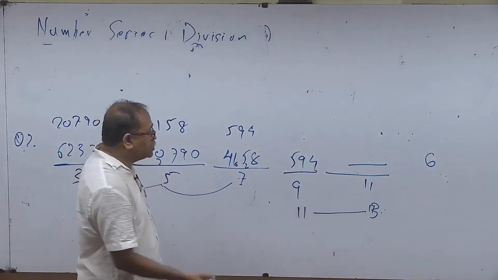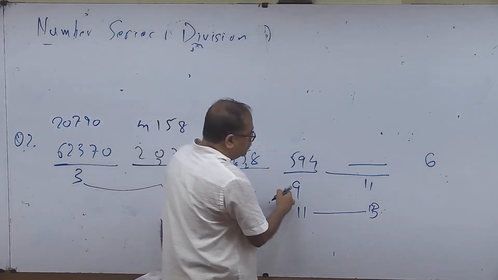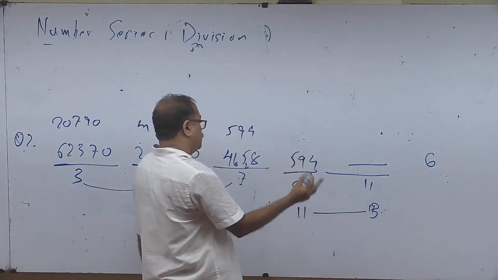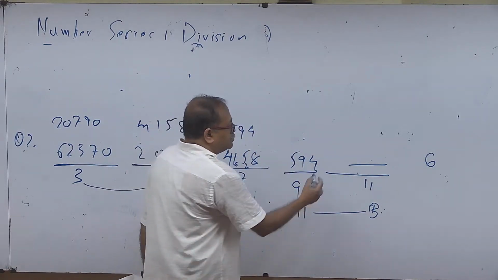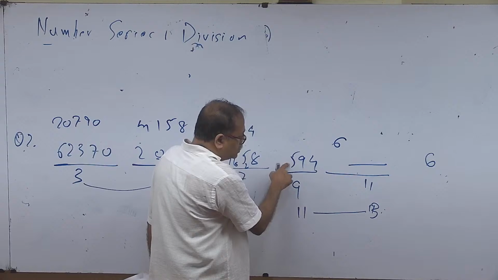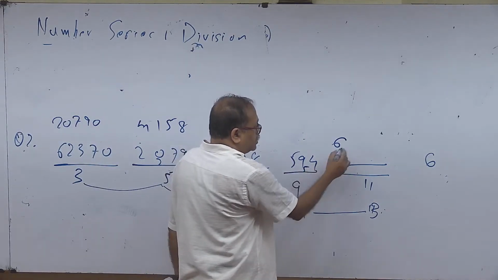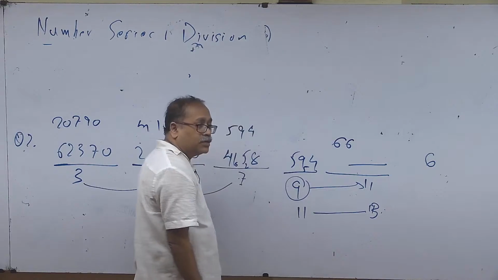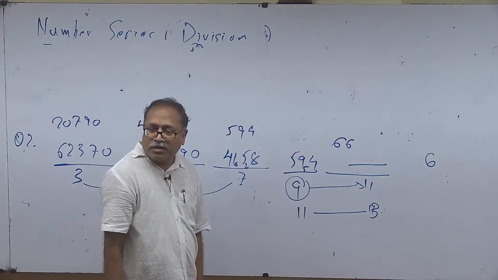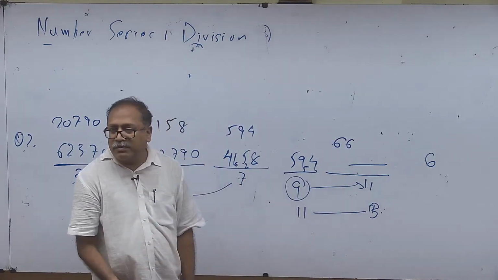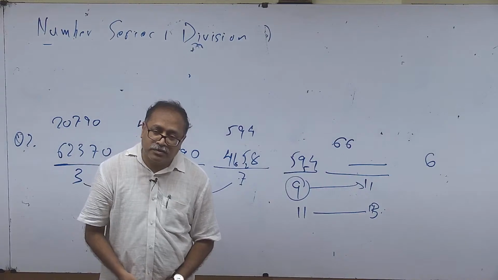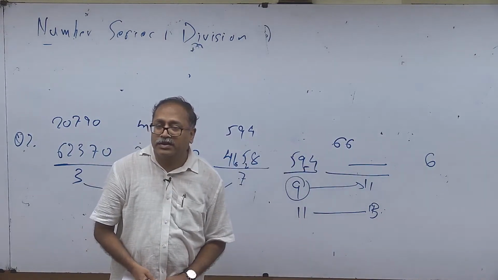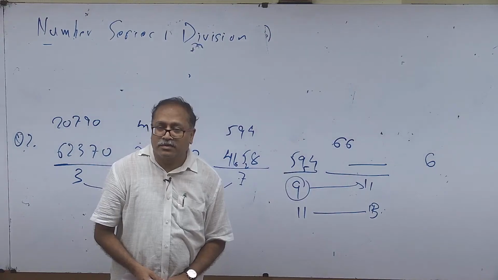So let's check the first one, divided by 9, and that is 9 6 is 54, again 9 6 is 54. If you take the 9 over here, you are expected to take 11 here. So 66 divided by 11, I am getting 6. The next number is there, 6. Any doubt?